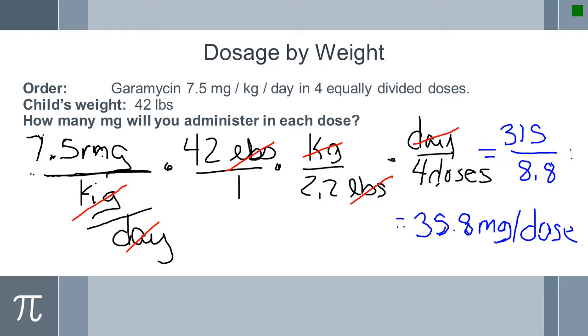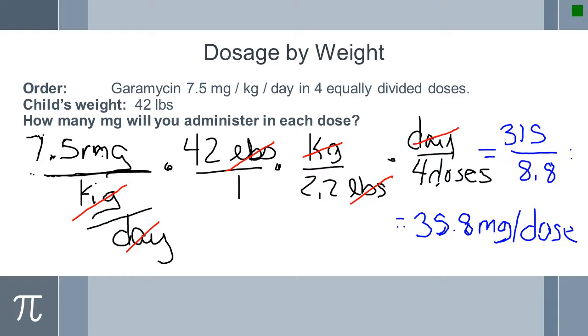And so next I know that my child weighs 42 pounds. I know that my conversion is 1 kilogram is 2.2 pounds. So now if I was to try to cancel out, my kilograms cancel, my pounds cancel, but I'm left with milligrams per day.